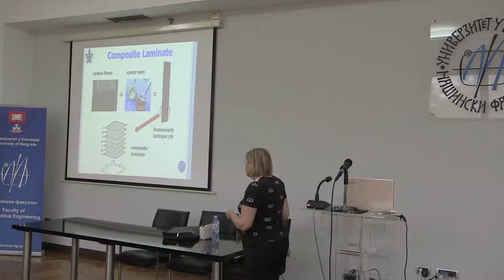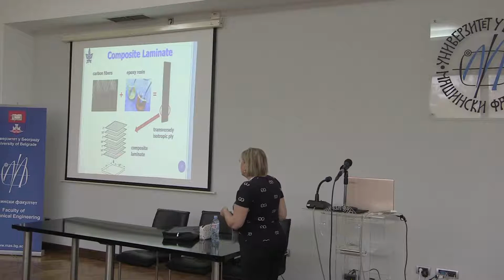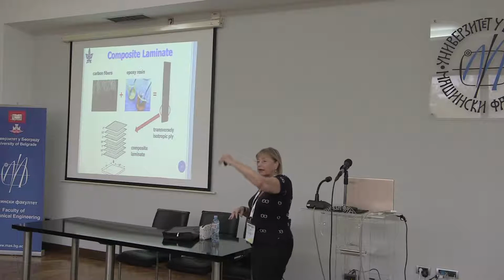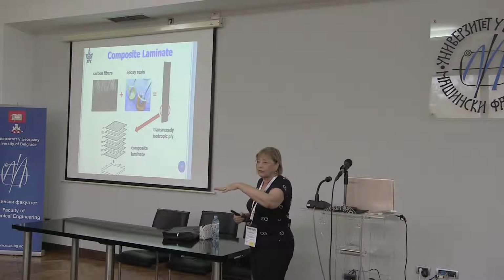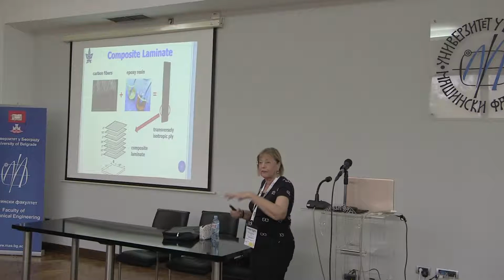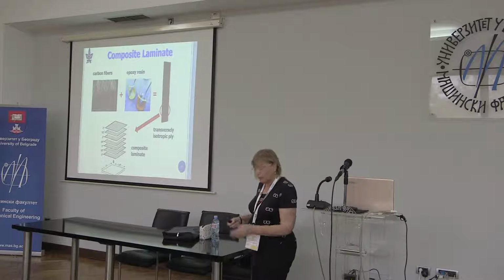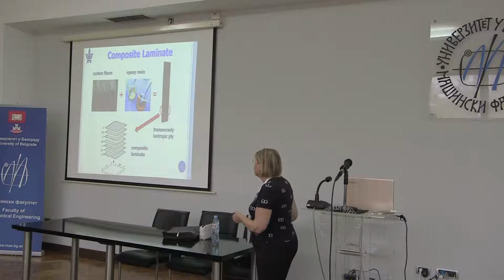So I can put all the fibers, for example, in the 0-degree direction, and then I can put the next ply on there in the 90-degree direction, and so on and so forth. And I can lay plies up in different directions, plus 45, minus 45. I have all the choice in the world in the way I want to line this up.